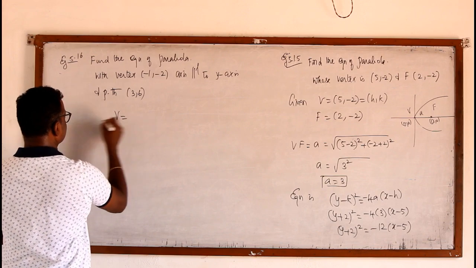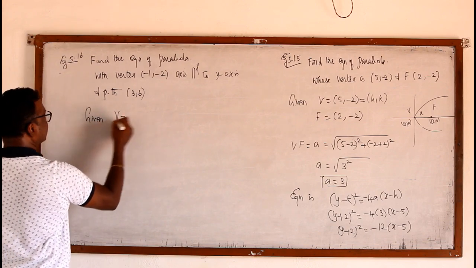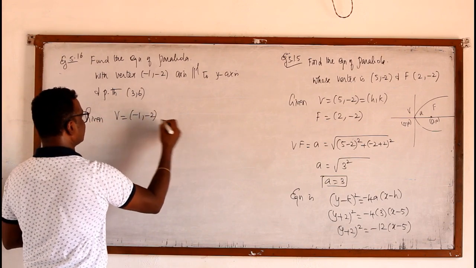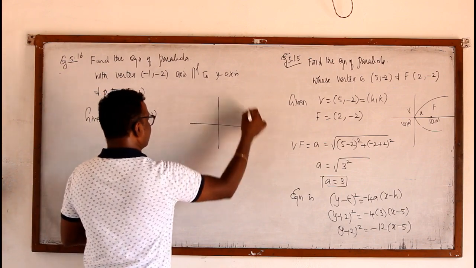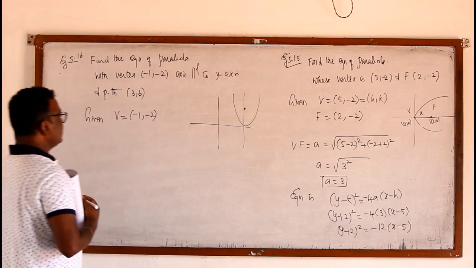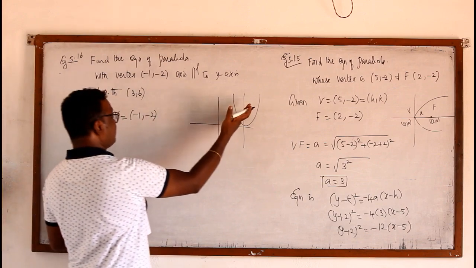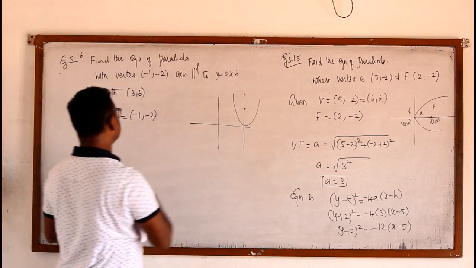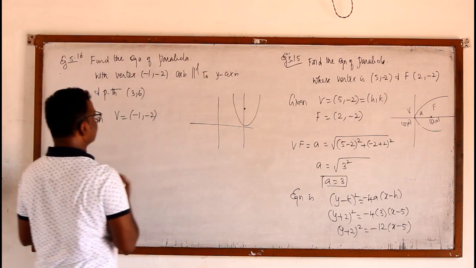So vertex is given, (-1, -2). Now axis is parallel to y axis. That means curve will be opening upward or downward, that's not the thing. But this is the axis.